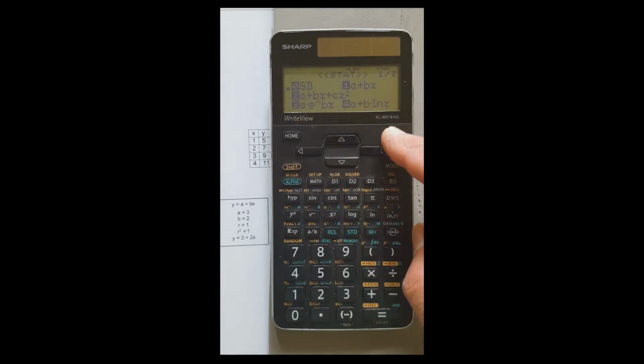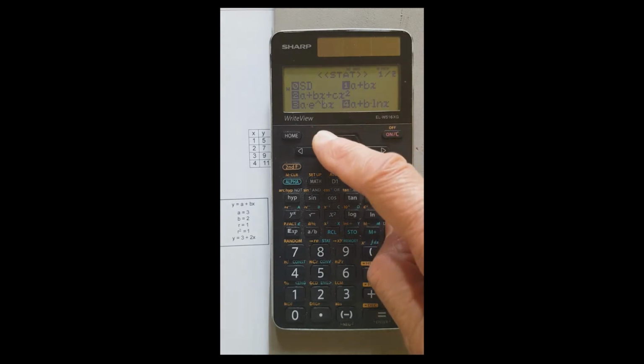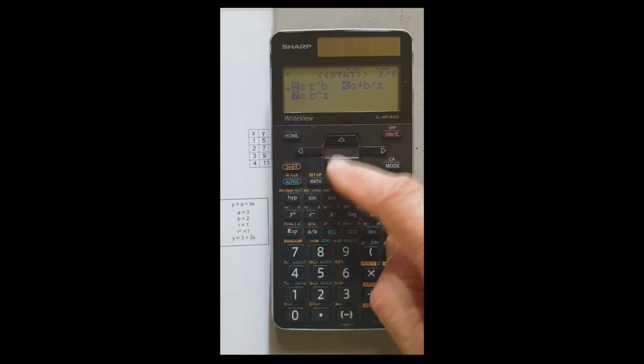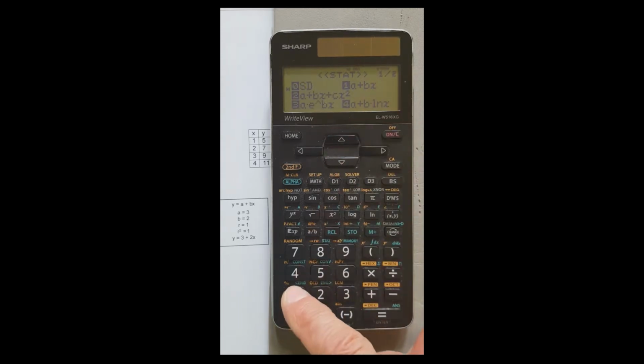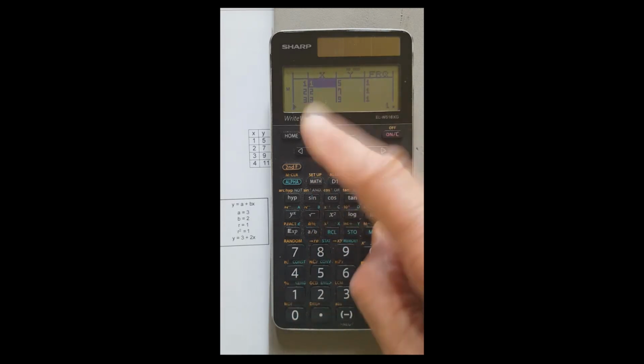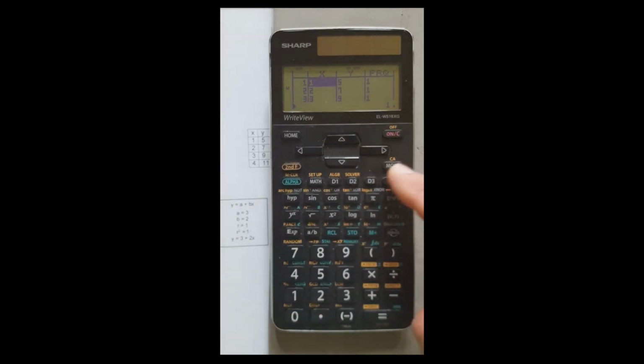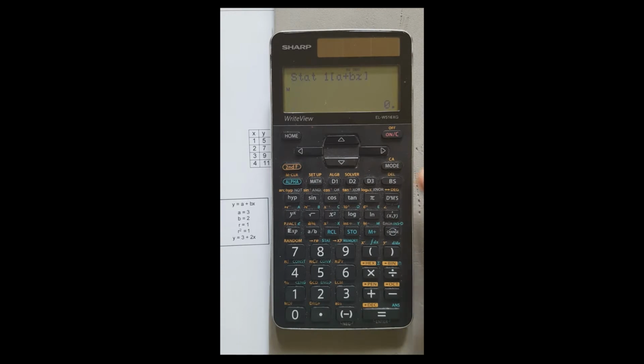I'm scrolling up and down just to show them to you. But ultimately, you want to press 1, which gets you to the linear regression mode, a plus bx. There it is, 1. If there's data you want to clear, second function mode, which clears it all, then you have to press the data key to get you back to the table so you can enter your new data.